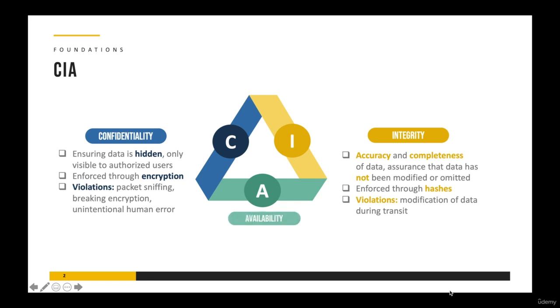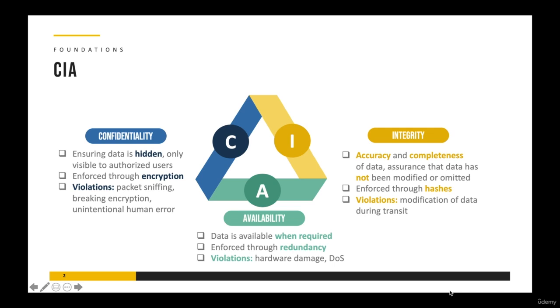The last component is availability, which means that data is available as and when required. Violations of availability happen if someone, for example, damages your communication infrastructure or they damage your web server so that you're no longer able to service your clients.